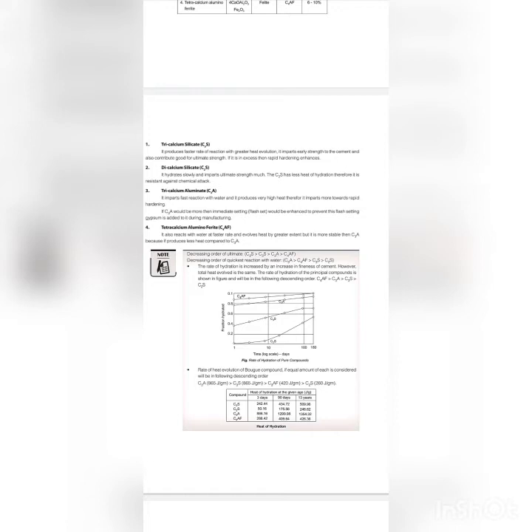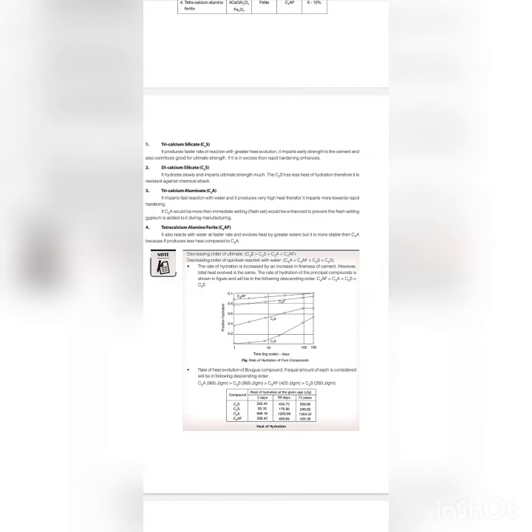Third one is tricalcium aluminate. It reacts fast with water and produces very high heat, therefore it contributes more towards rapid hardening. If C3A would be more, then flash set would be enhanced. To prevent the flash setting, gypsum is added to it during manufacture.